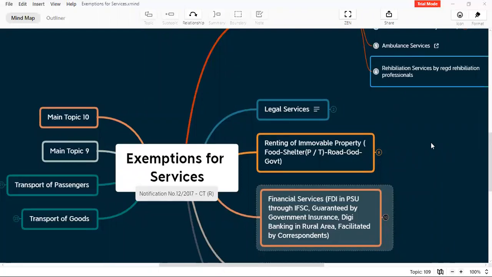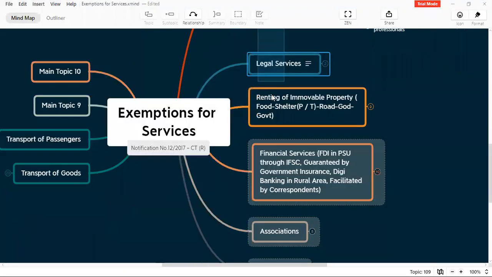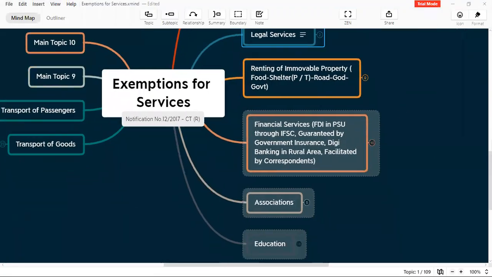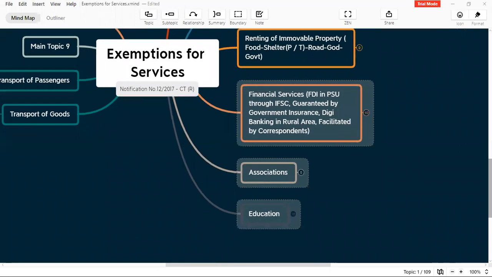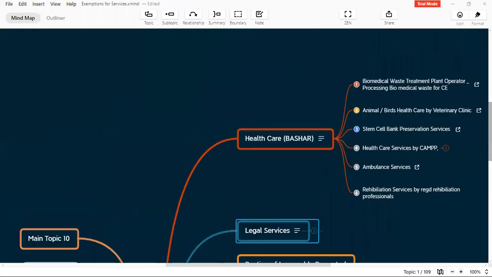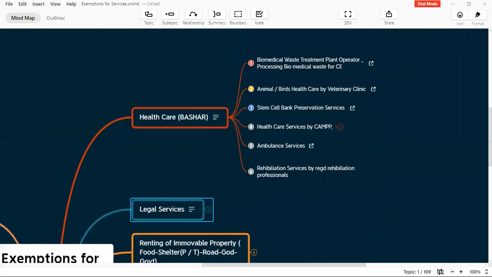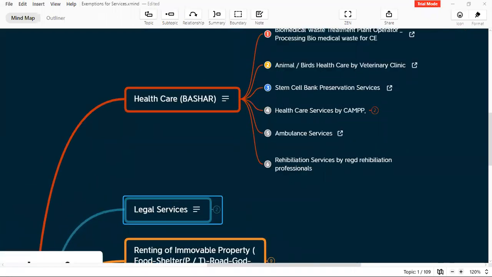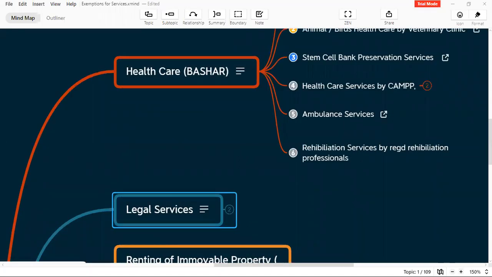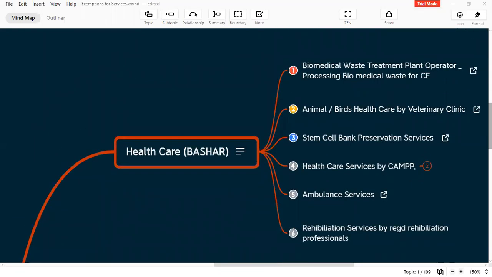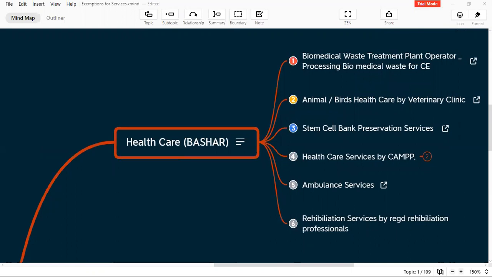So B represents biomedical waste treatment plant operator. That is B. So this is the Bhasha. B starts with biomedical waste treatment. Most of these hospitals have a lot of bio wastages, the syringes.